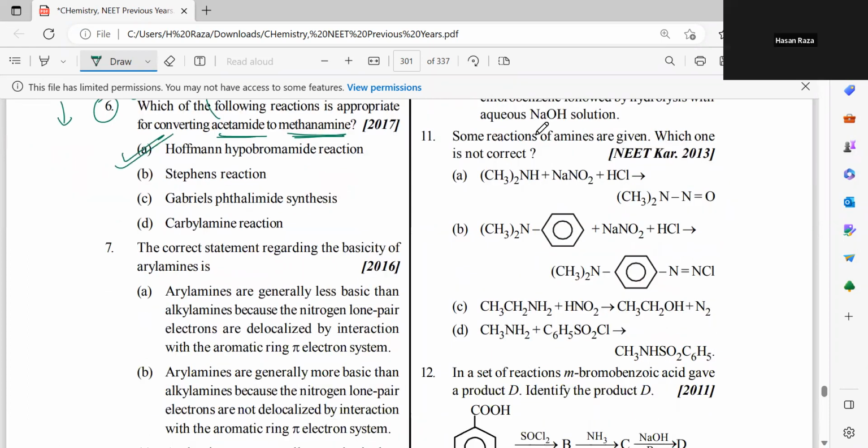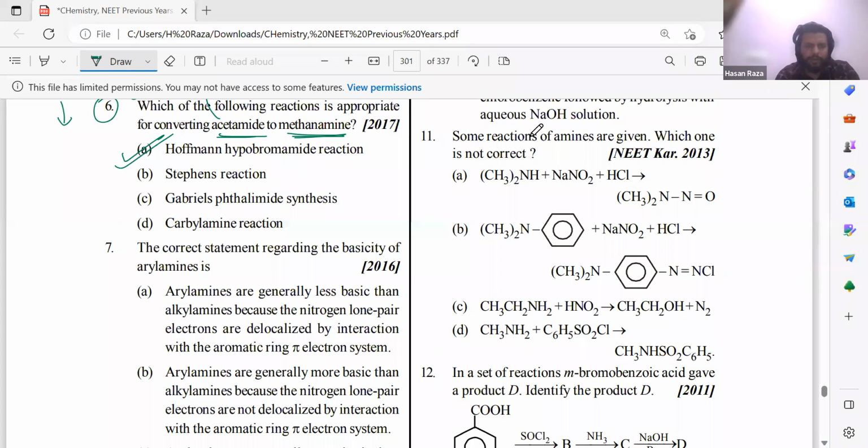So why is it called hypobromamide? Oh, hypobromamide. Wait a minute. So basically, maybe there is a misprint. Hoffmann bromamide reaction is what it is called.